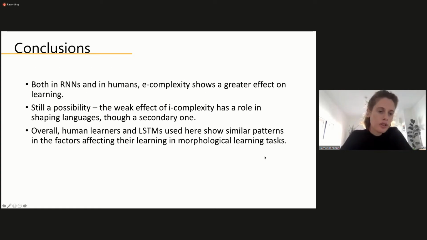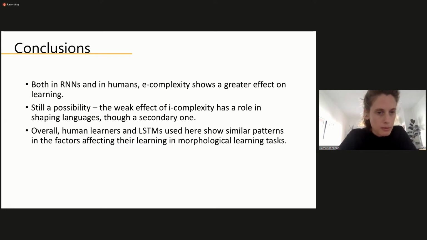And our conclusion from that is that we see both in RNNs and in humans that E complexity shows a greater effect on learning. So that suggests that the distribution of forms in the paradigm and their frequency affect the learnability of the paradigm more than the forms' internal organization in the paradigm, as reflected by the I complexity.